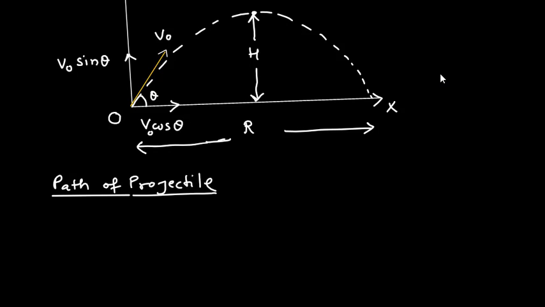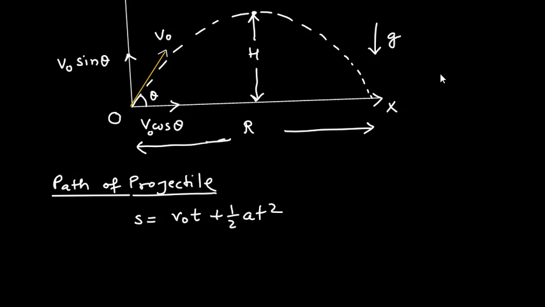So, well, one more aspect, there is an acceleration here, an acceleration due to gravity, and it is acting vertically downward. So, we have the equation which says S is equal to V naught t plus half a t square.